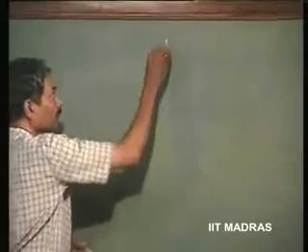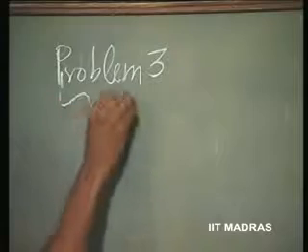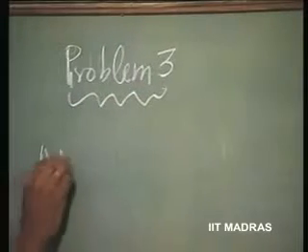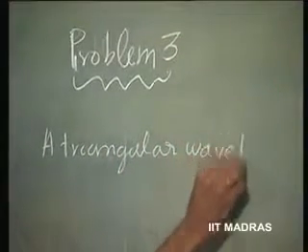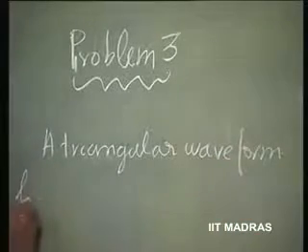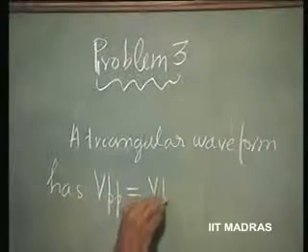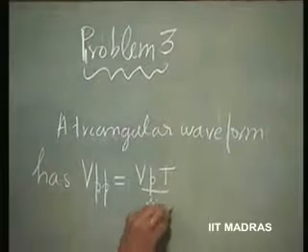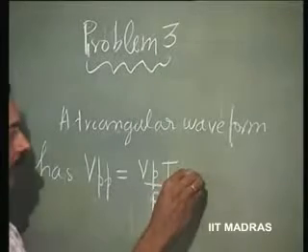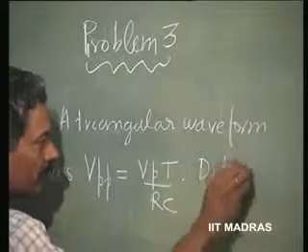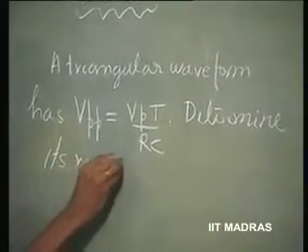Problem 3: a triangular waveform has peak to peak value equal to Vp into T by Rc. Determine its RMS value.